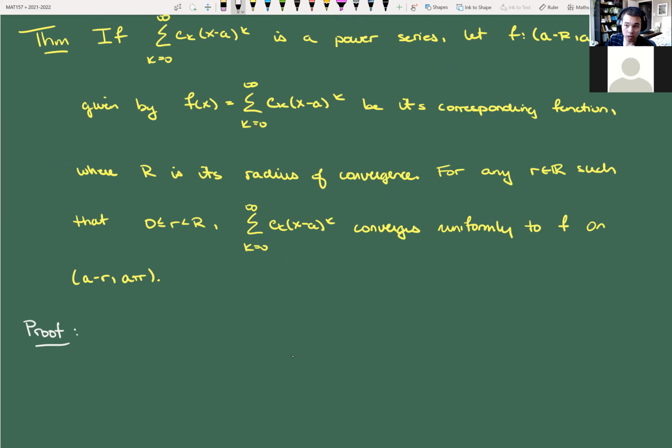All right, so let's start by fixing that little r. So fix 0 less than or equal to r less than R, right? All right, now what do I want to do? And take some, all right, this is kind of backwards from last time, but whatever.